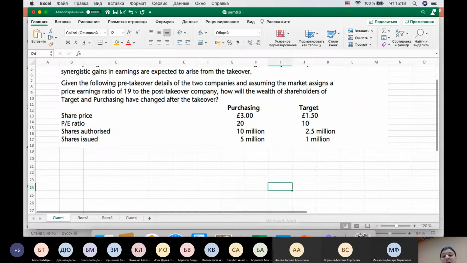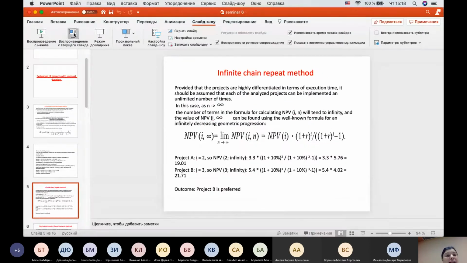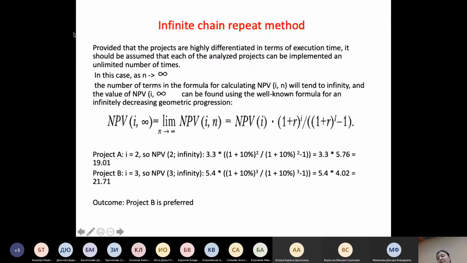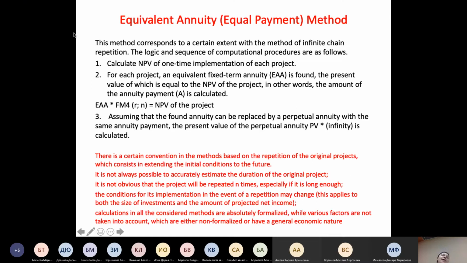And now let's continue with the next method. The last method to be used in practice when we have to compare our projects with an unequal implementation period is the third method, named equivalent annuity or equal payment method.